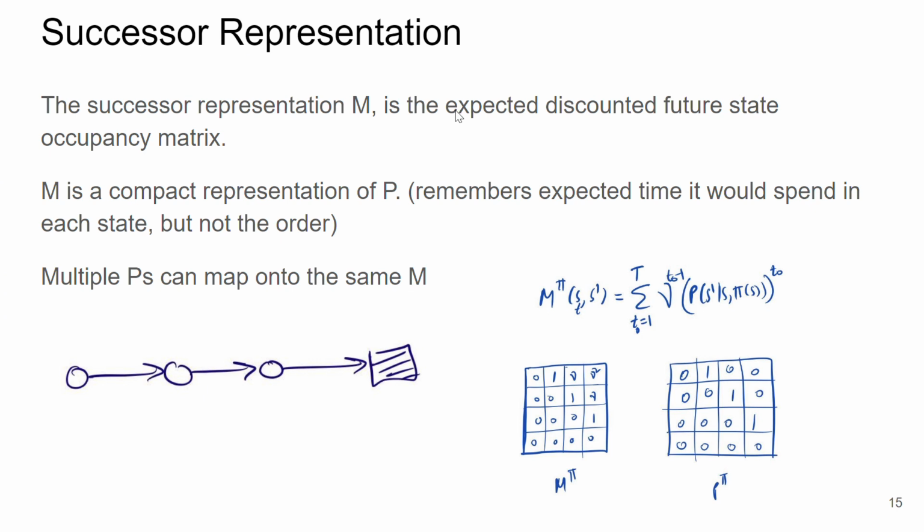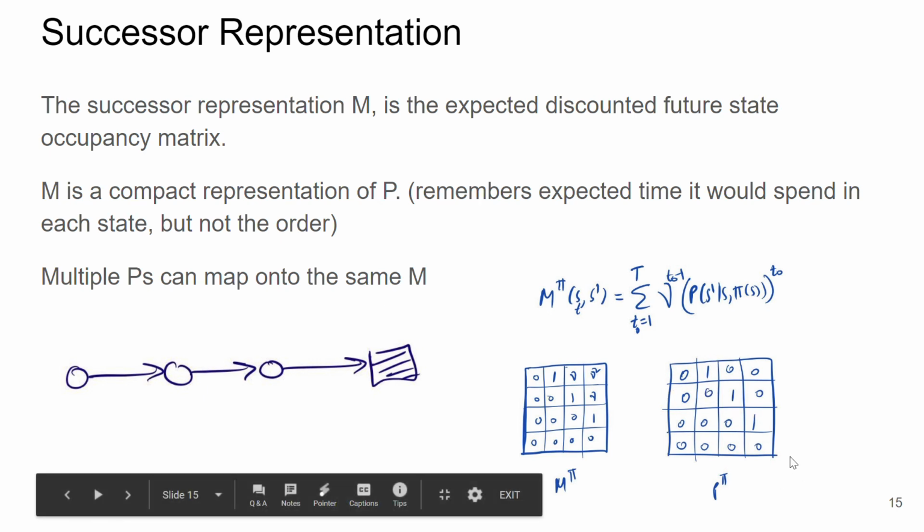So M is called the successor representation because it shows you the probability that you will be in a successor state. It's not probability, but expected time steps you would spend in a future state. And M can be thought of as a compact representation of P. So P is our transition matrix. And in the case of a linear chain, P would look like this.